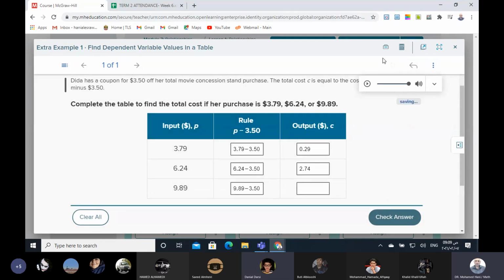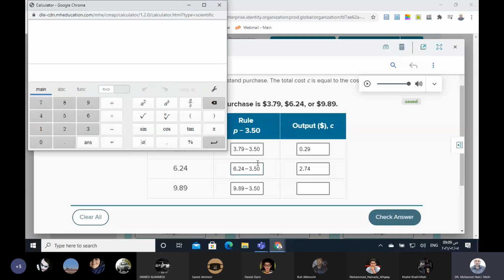Great. So now we have 9.89 minus 3.50. The answer is 6.39.